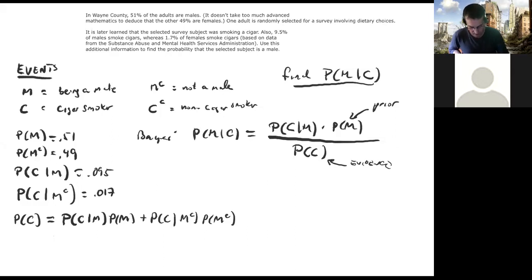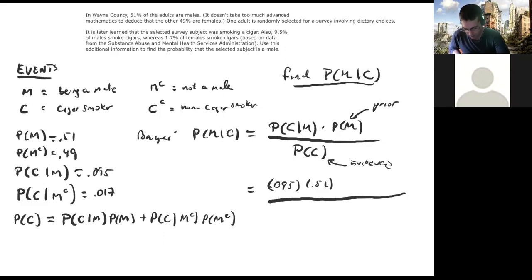Okay, so what do we got? So the probability of a cigar smoker being male, I'm going to compute this over here, is given by the probability of a male being a cigar smoker, which is 0.095, times the probability of being a male, which is 0.51, divided by, now we use the law of total probability to compute the probability of being a cigar smoker.